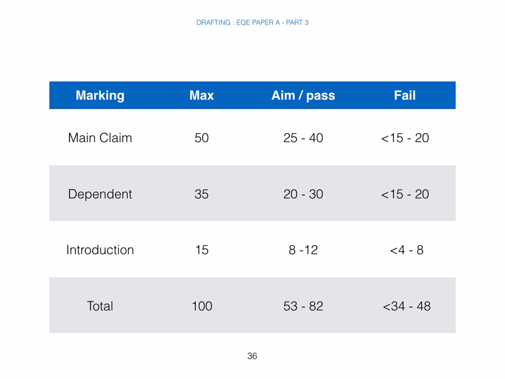But usually if you get low marks on the main claim, you also get low marks on the dependent claims and the introduction, and you're more likely to be at the 34 level or even less if your main claim was not very, very good.